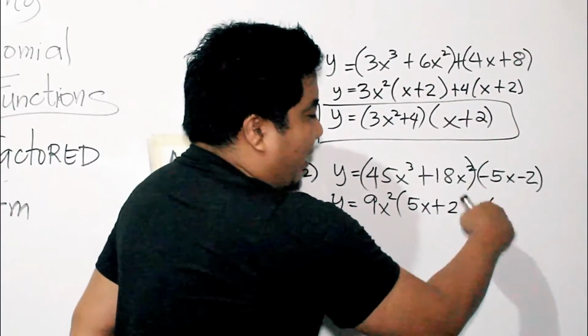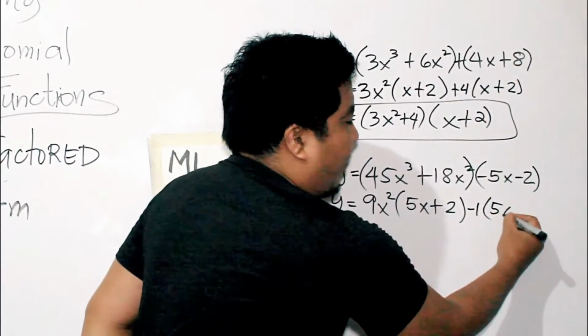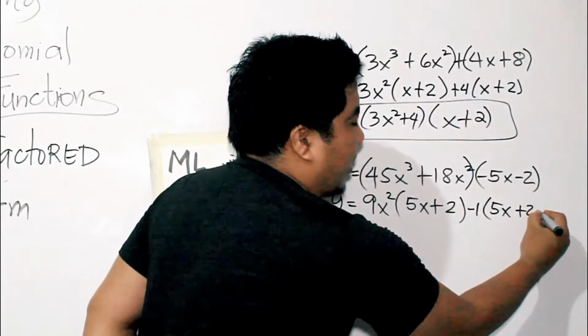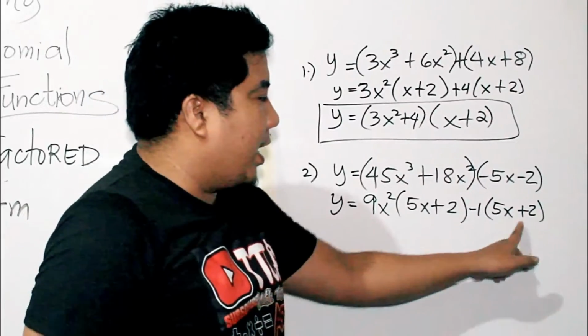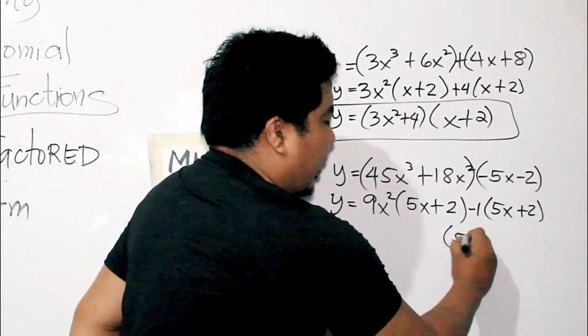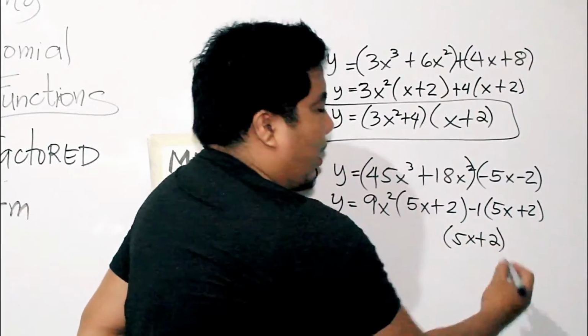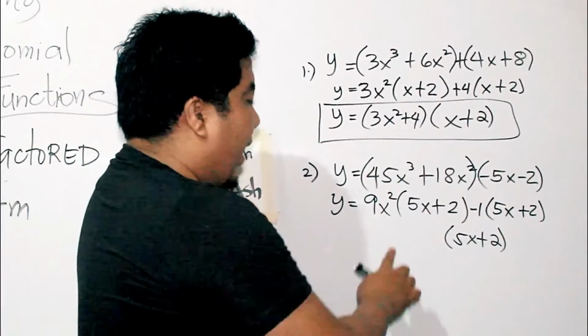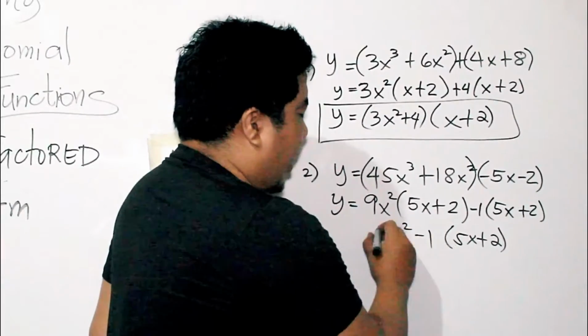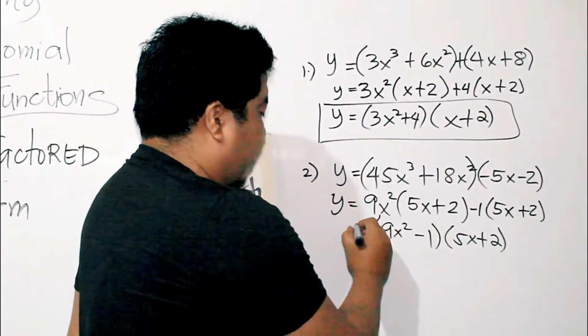If I extract negative 1, this will become 5x, and negative 2 divided by negative 1 will become positive 2. So I again have a common factor, 5x plus 2, and I will group them as one factor, and I will also group the 9x squared and the negative 1 as another factor.